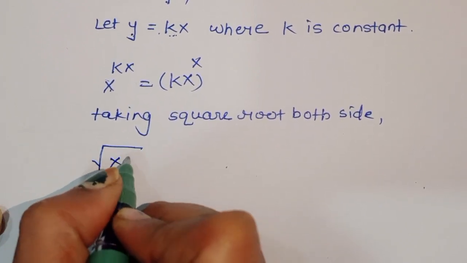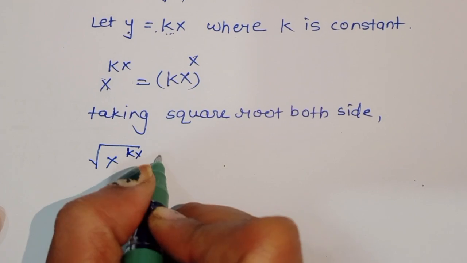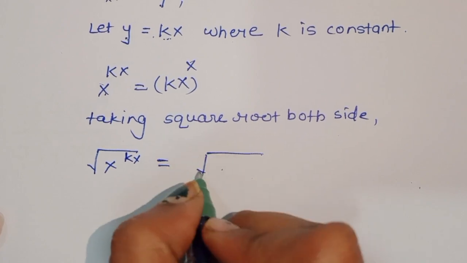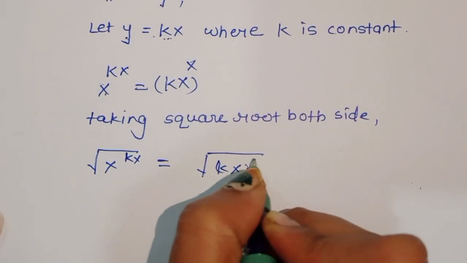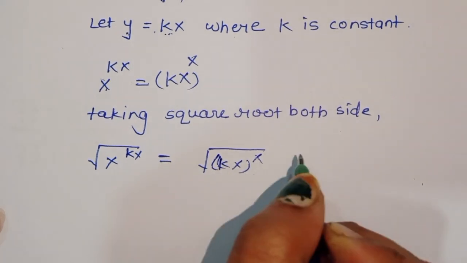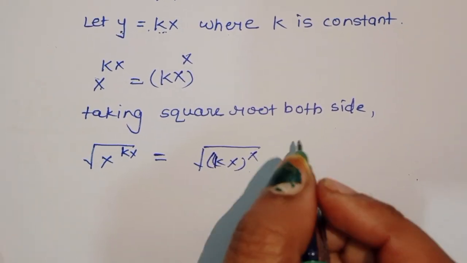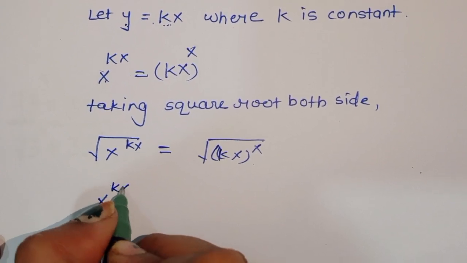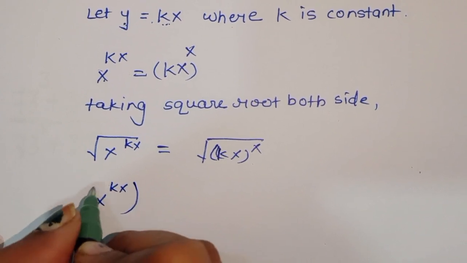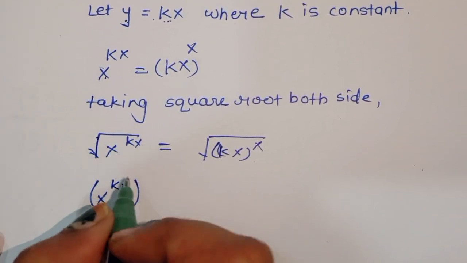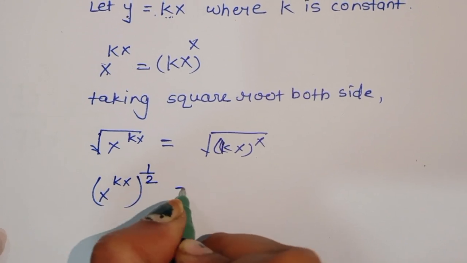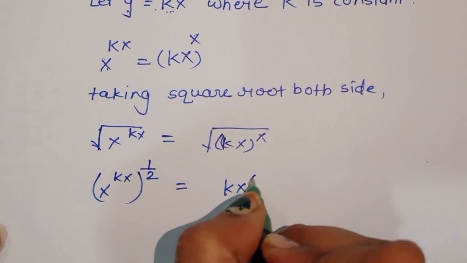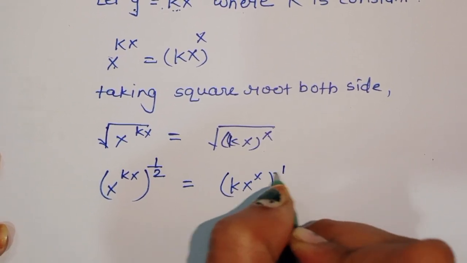Square root of x raised to kx is equal to the square root of kx raised to x. Now we can write this as x raised to kx, raised to 1 by 2, is equal to kx raised to x, raised to 1 by 2.